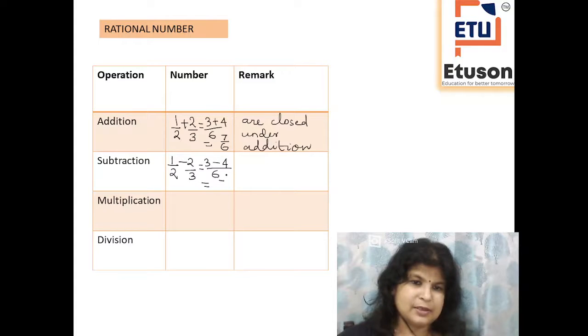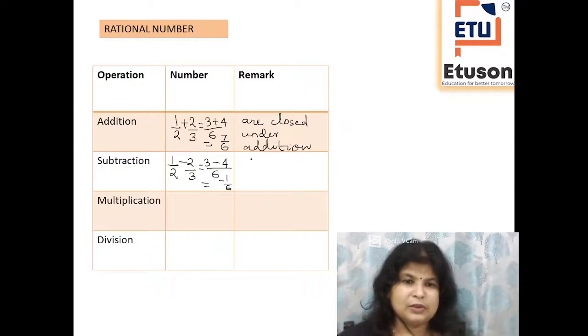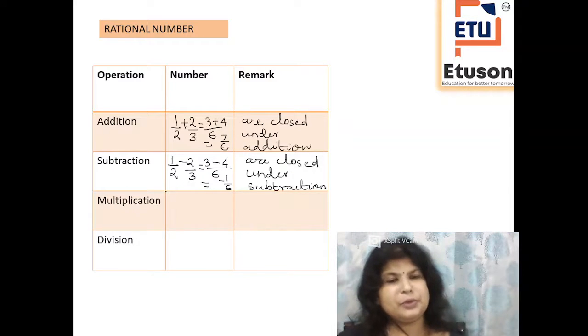It is minus 1 by 6. Now minus 1 by 6 is a rational number, right? So in case of rational numbers, they are closed under subtraction.